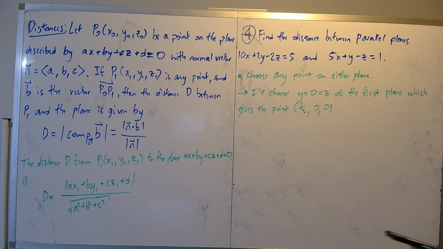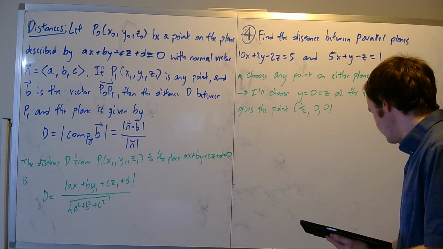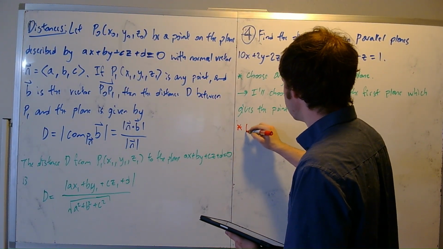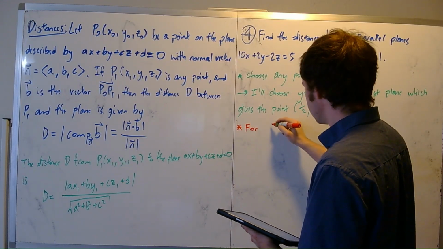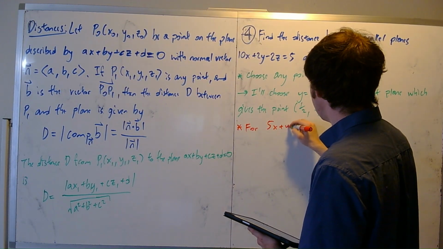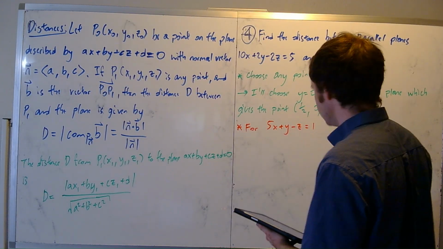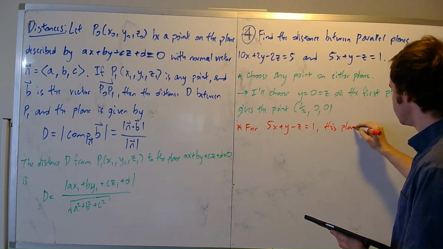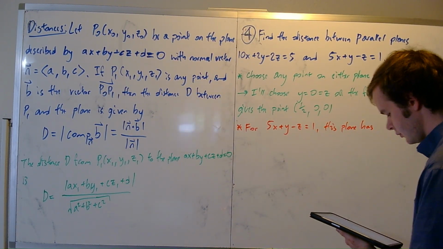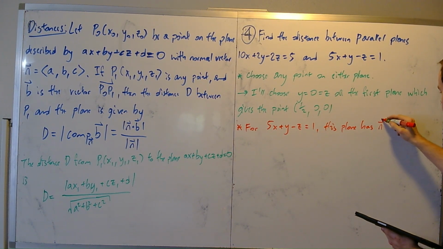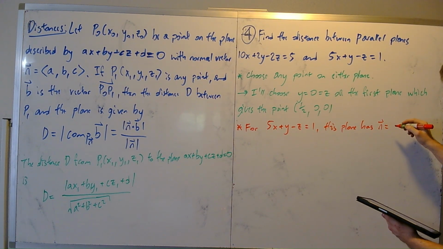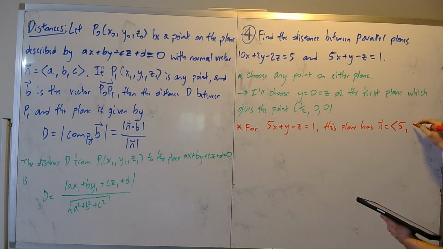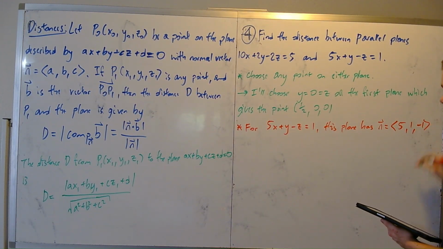Okay, and second thing I'll say here is for 5x plus y minus z equals 1, this plane has normal vector n equals 5, 1, and -1.